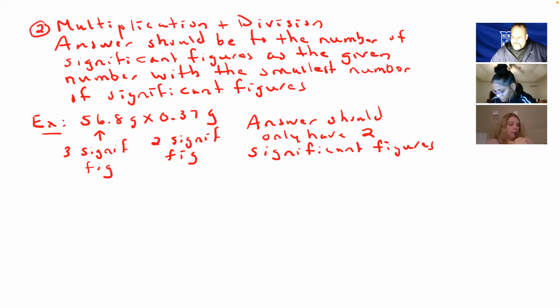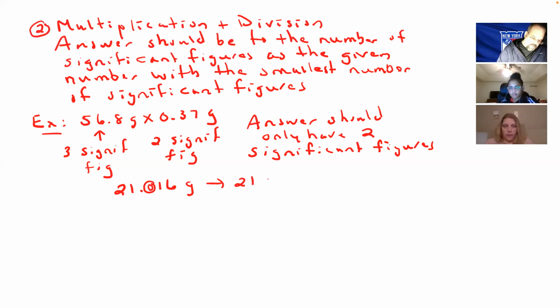So if we multiply 56.8 times 0.37, I come up with 21.016 grams. And if we're going to have 2 significant figures, that means I'm only going to include the 2 and the 1. So I'm going to have to use the 0 in the tenths place to round. And because it's a 0, I'm going to leave my answer as 21 grams. Questions about that?